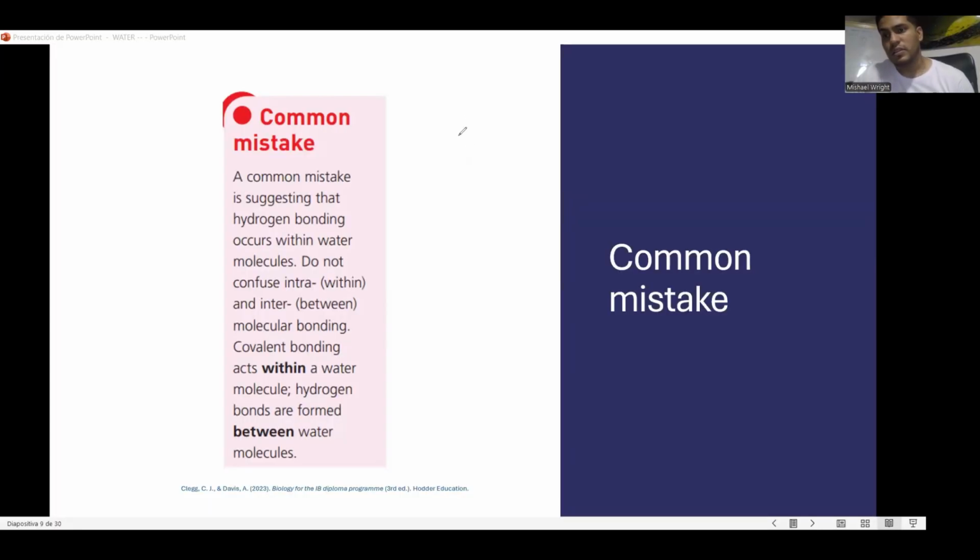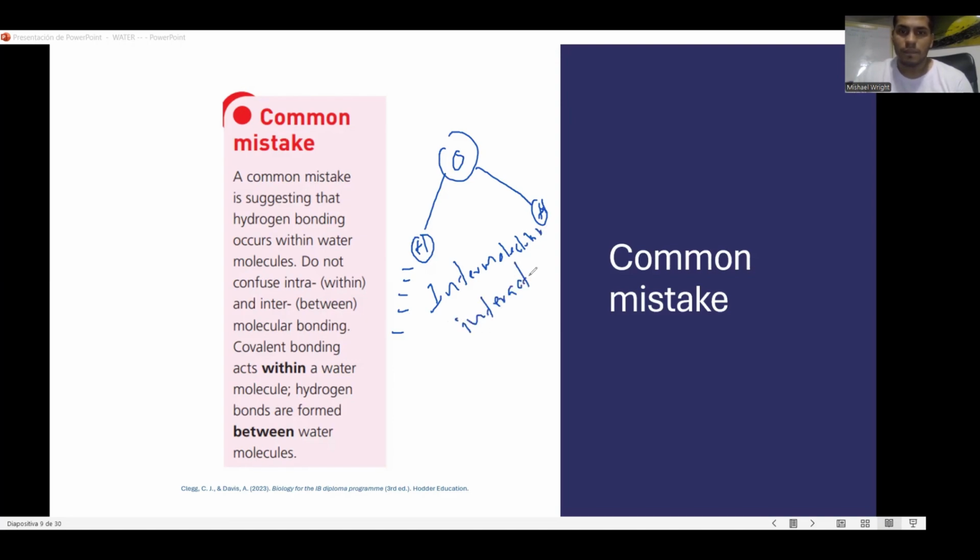Hydrogen bonding is given within water molecules, but it's really important to comprehend that the hydrogen bonding is basically given between molecules, right? And that's what we call an intermolecular interaction, okay? Because this is given between water molecules, right?